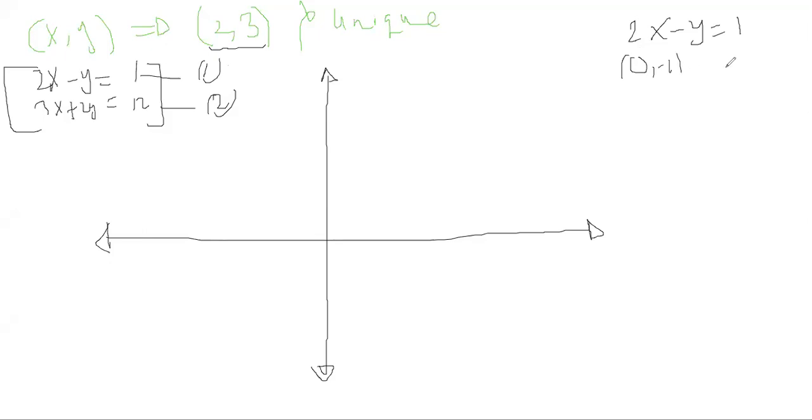Here, when y is 0, then x is half. So you can confirm this. We have looked at how to find these intercepts. So these are the coordinates whereby the graph cuts the x and y axes. We have talked about this in our last class, if you could remember.